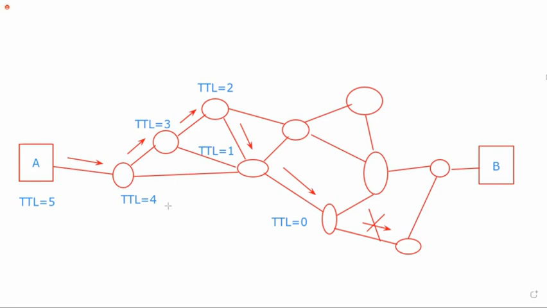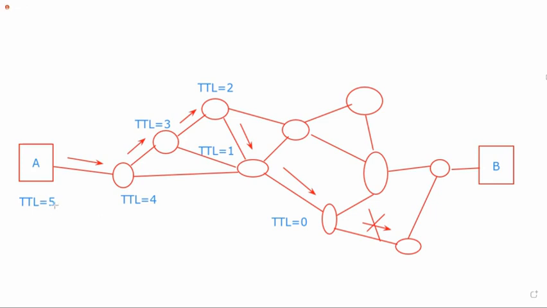So if I give a higher value, let's say the maximum is 255. So if it reaches the correct destination, then there's no issue, right? But if it doesn't reach the destination, then we have a problem, right?